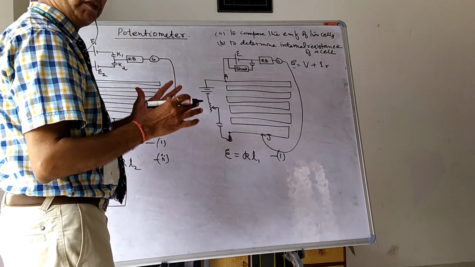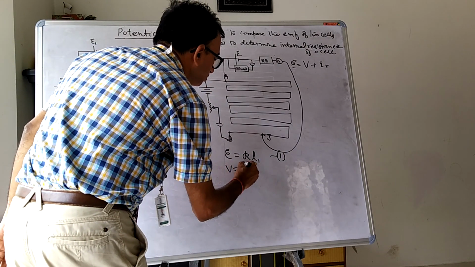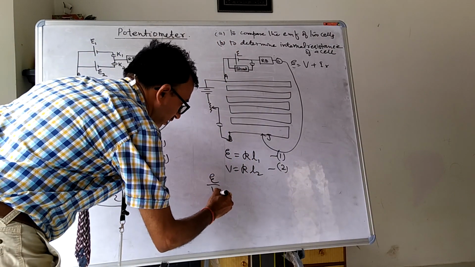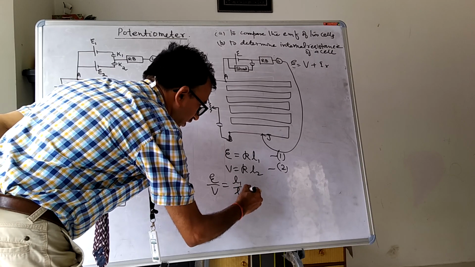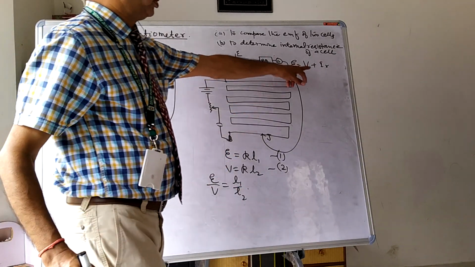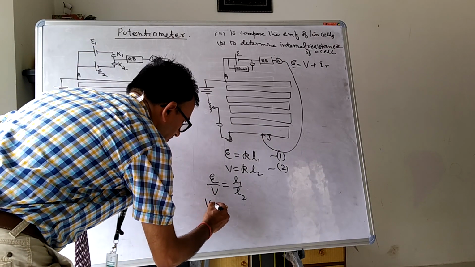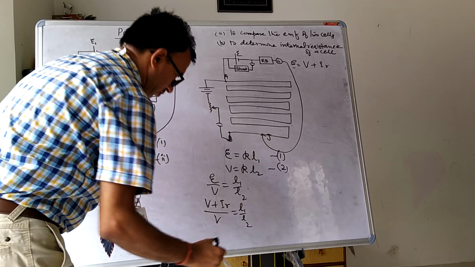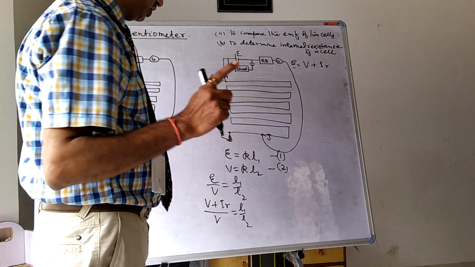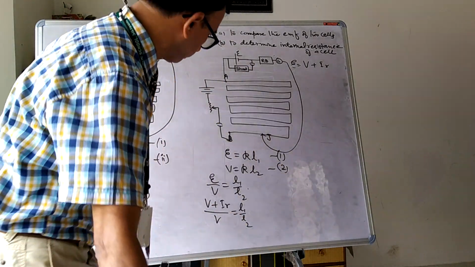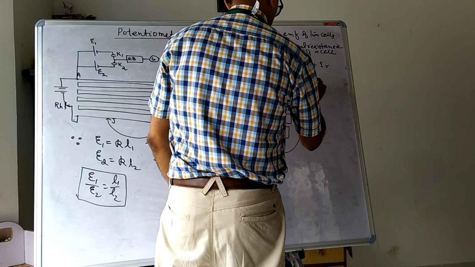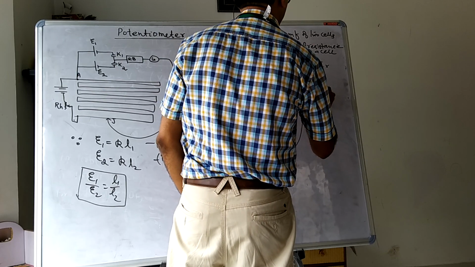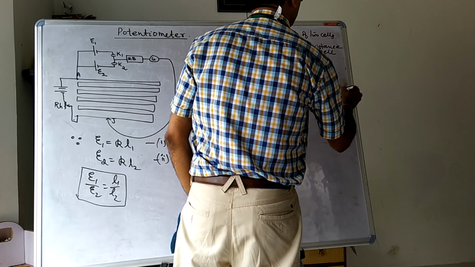When we use the key, then there will be a potential drop, and V equals KL2. So now, E by V equals L1 by L2. Now we know that E equals V plus Ir. So (V plus Ir) divided by V equals L1 by L2. What is V? V is I into capital R. So we can write (IR plus Ir) divided by IR equals L1 by L2.